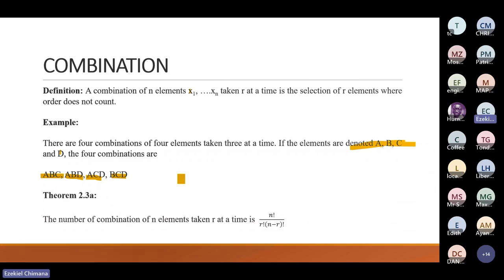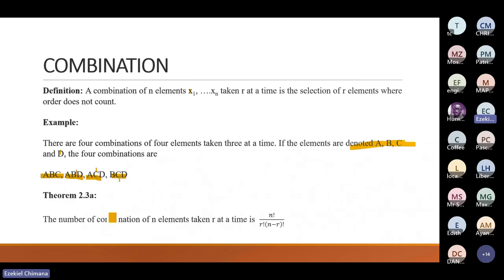You'll be just writing the combination of 3 letters. So ABC and ACB is just one thing. The order does not matter. That's why you've got just ABC, ABD, ACD, and BCD.